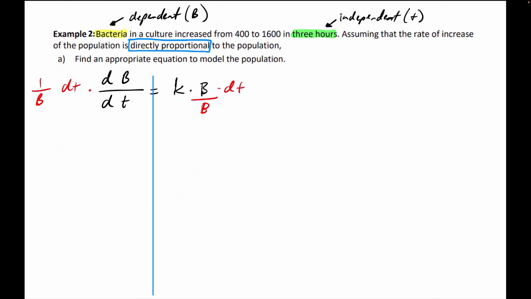You've done this before, the only difference is it was x and y instead of b's and t's. So I get 1 over b db equals k dt. First step done. Second step, antiderivative. What's the antiderivative of 1 over b? Natural log of b.